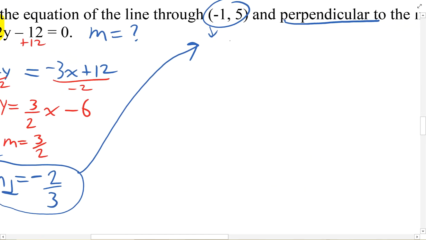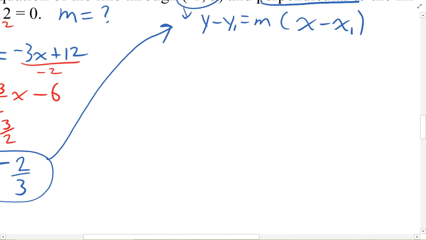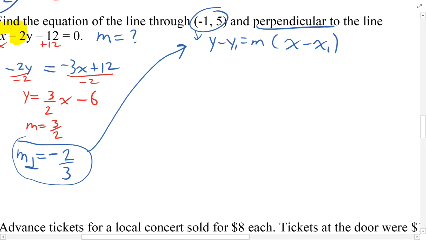So y minus y1 equals m times x minus x1. Go ahead, put it into the equation. See what you can do. Put it into slope point form. And once you're in slope point, we're going to go into general. So you got the slope, you got the point, put it in there.